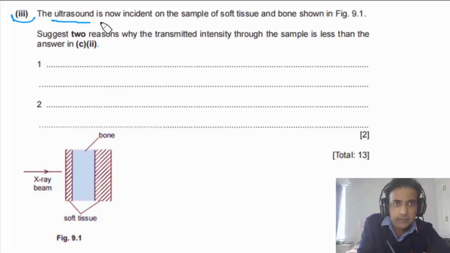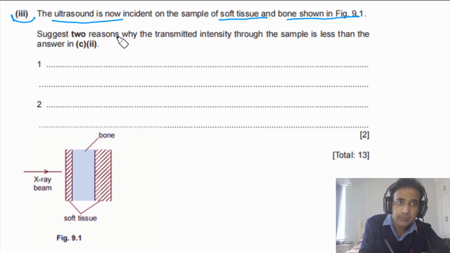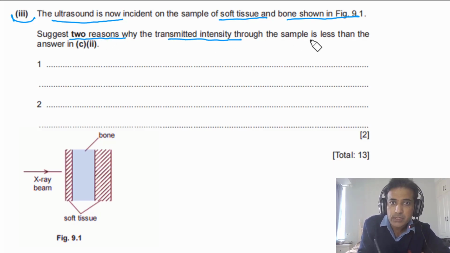The third part says the ultrasound is now incident on a sample of soft tissue and bone shown in figure 9.1. Suggest two reasons why the transmitted intensity through the sample is less than the answer in C2.